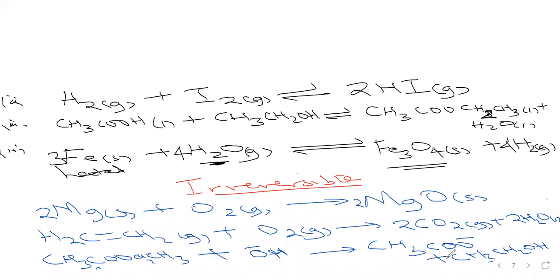Such reactions are irreversible. There is no completion and there is no equilibrium in them. All right. If that is understood, let me proceed to what we call a dynamic equilibrium. All these are concepts under chemical equilibrium.